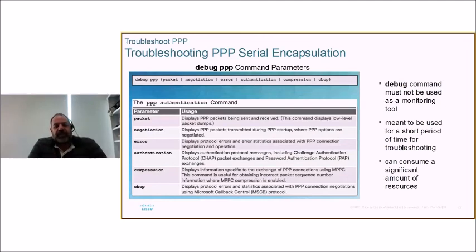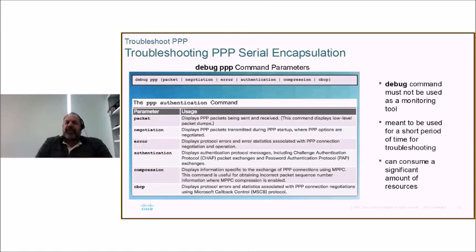Negotiation is basically the LCP stuff. Error is whenever there are errors. Authentication is whenever there's authentication going on. Compression tells you when compression is going on. And CBCP displays protocol errors and statistics associated with PPP negotiations using Microsoft callback control.